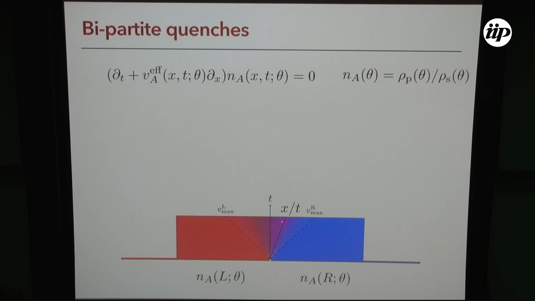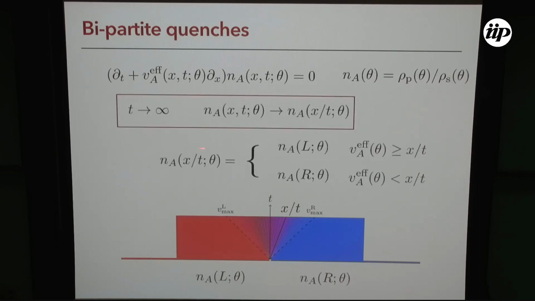On any x over t, you have a steady state, which is given by this particle occupation number that just tells you that it's the left particle or the right particle, depending on the velocity. So on each ray you have a steady state because you have a fixed value of the particle content, because this is only fixed by the ratio x over t. And once you have the quasi-particles, you have access to all the expectation values.